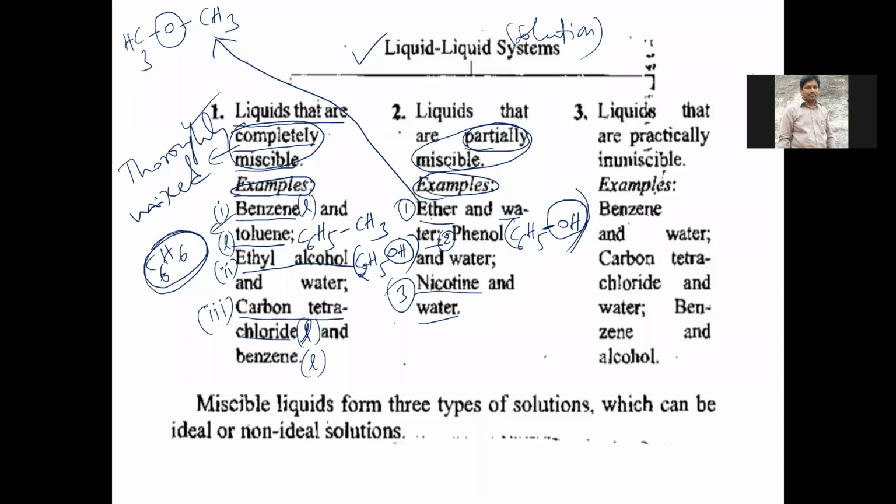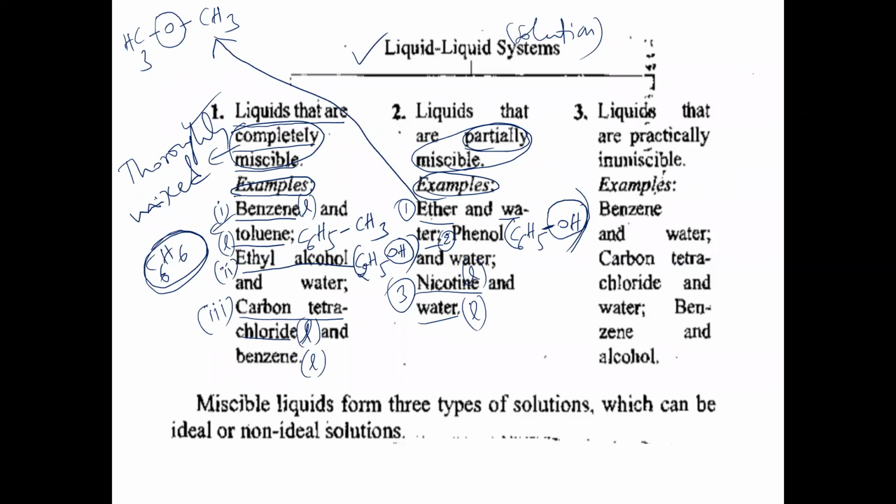Okay. So nicotine in water. When we dissolve nicotine in water, we get incompletely miscible liquids. So nicotine liquid is dissolved in water liquid. These two are called partially miscible liquids, incompletely miscible liquids.